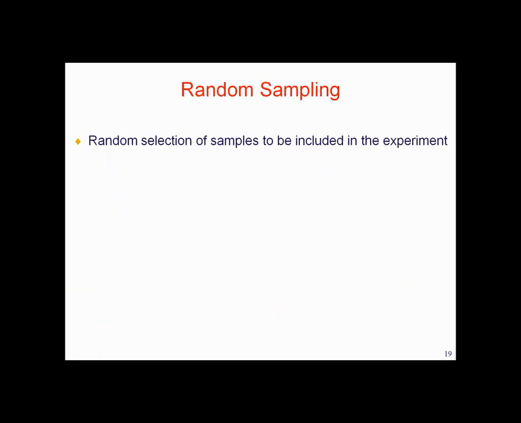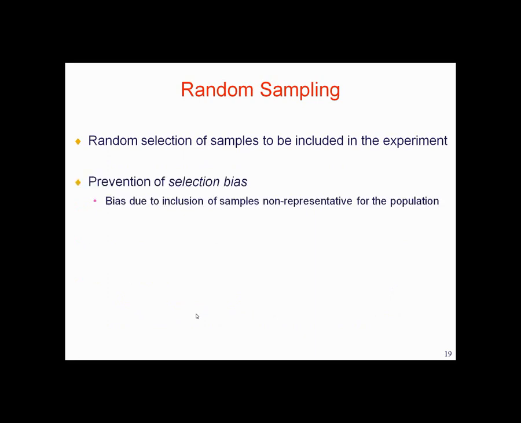Now, what about random sampling? Random sampling means that you randomly select samples to be included in the experiment. This is aimed at prevention of the selection bias, which is bias due to inclusion of samples which are non-representative for the population.